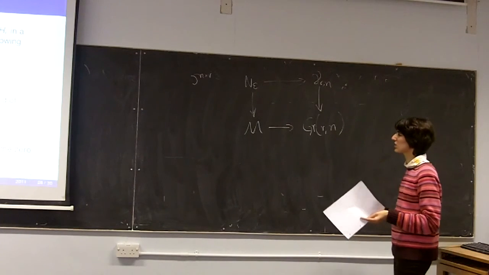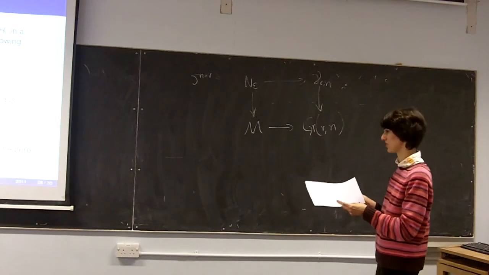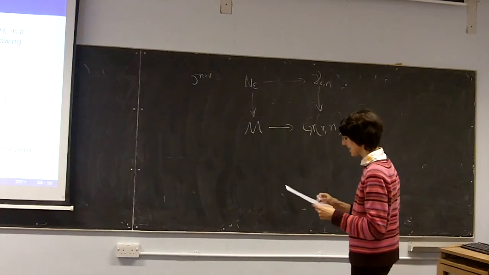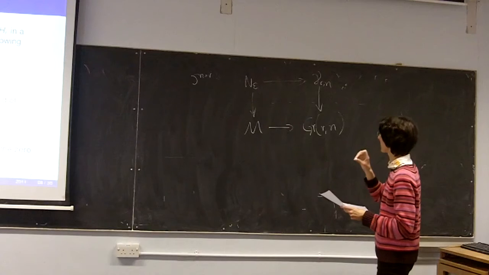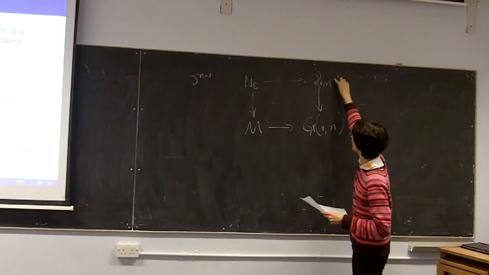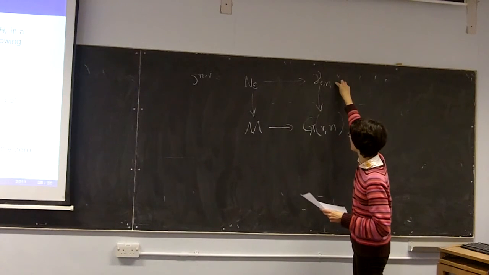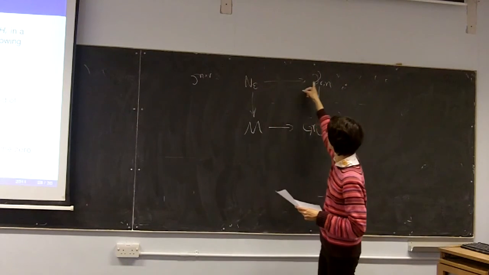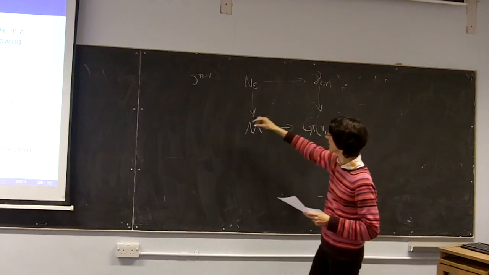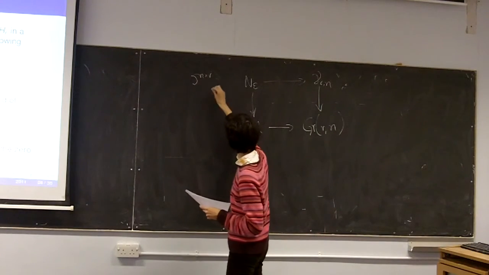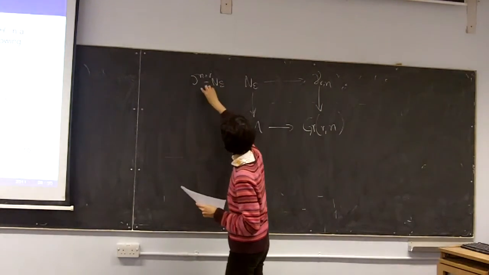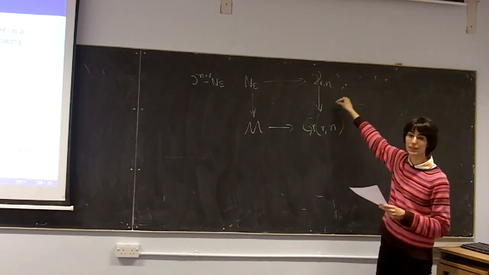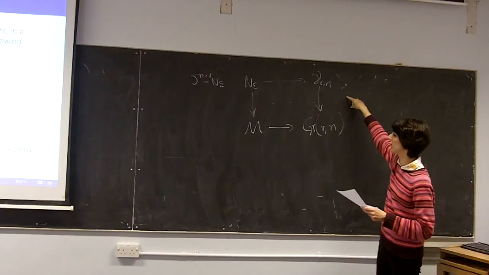So what Thom did, and that's why the theorem is named after him, is that he added a point at infinity to the universal bundle, and then he mapped the tubular neighborhood to the universal bundle, and the rest of the sphere is mapped to the point at infinity that he is adding here.